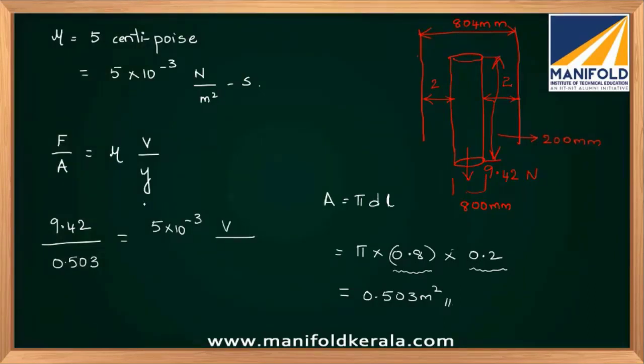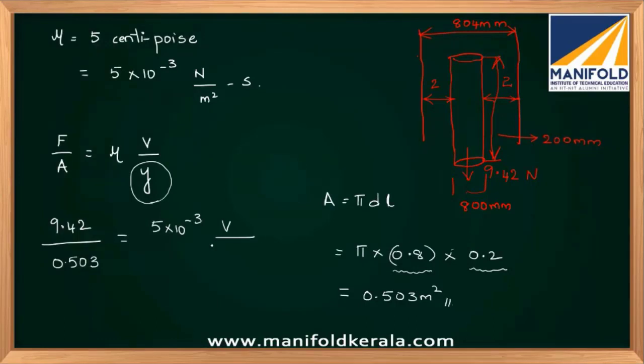Now the question here is, what value should I take for y? Anyone who knows the value, please comment here. The distance between the fixed plate to the center, how much is the y distance? Are you people understanding the sum or not?